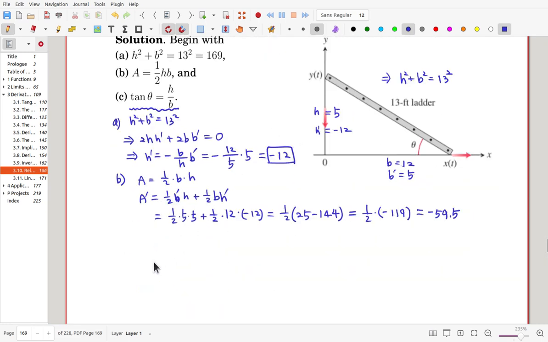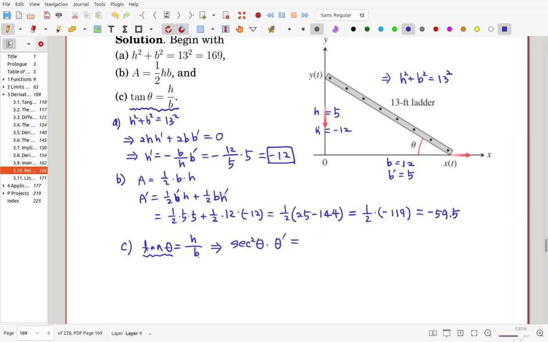Now, tangent theta equals h over b, and if we take the derivative with respect to time, then we get secant squared theta times theta prime.